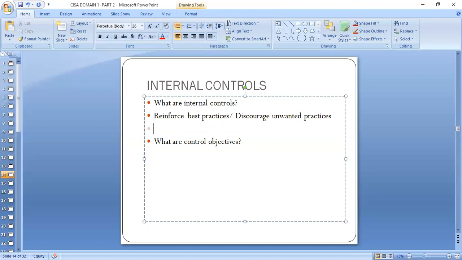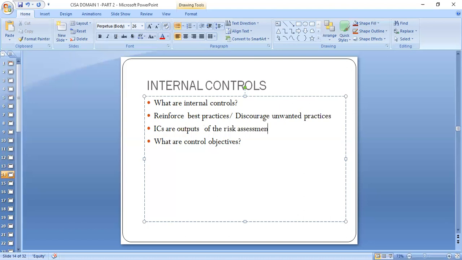Internal controls are outputs of the risk assessment process.